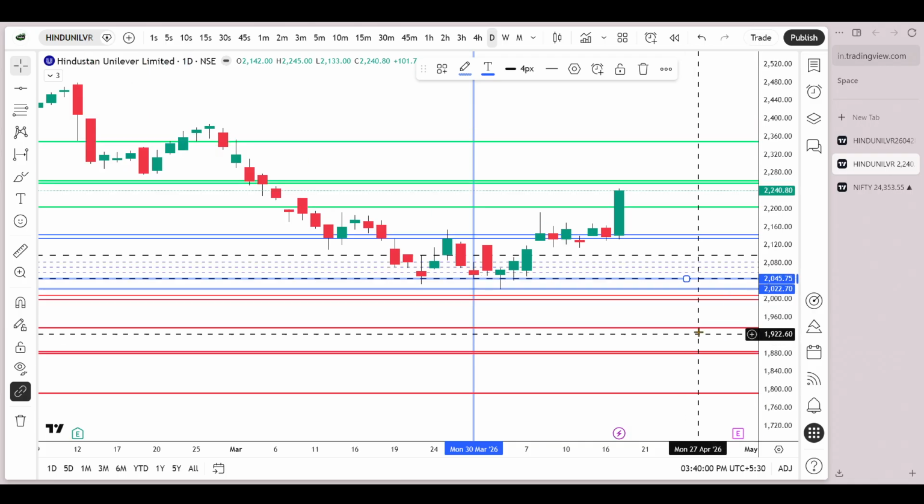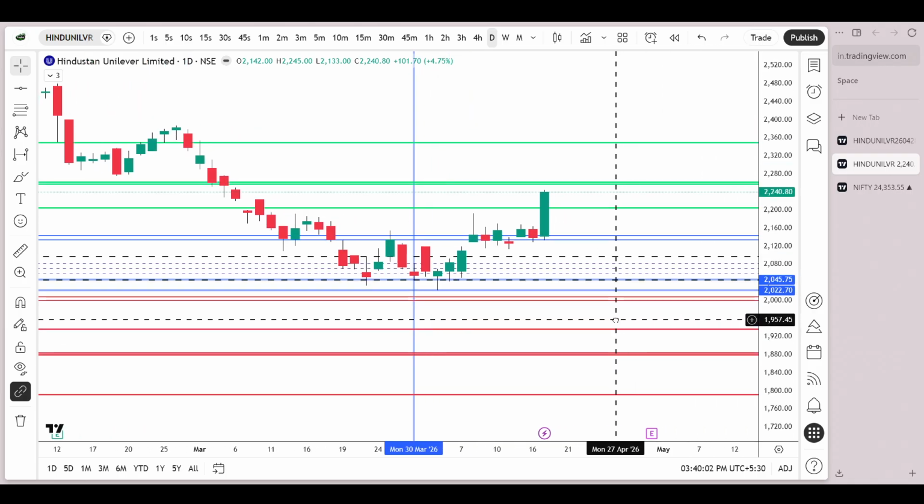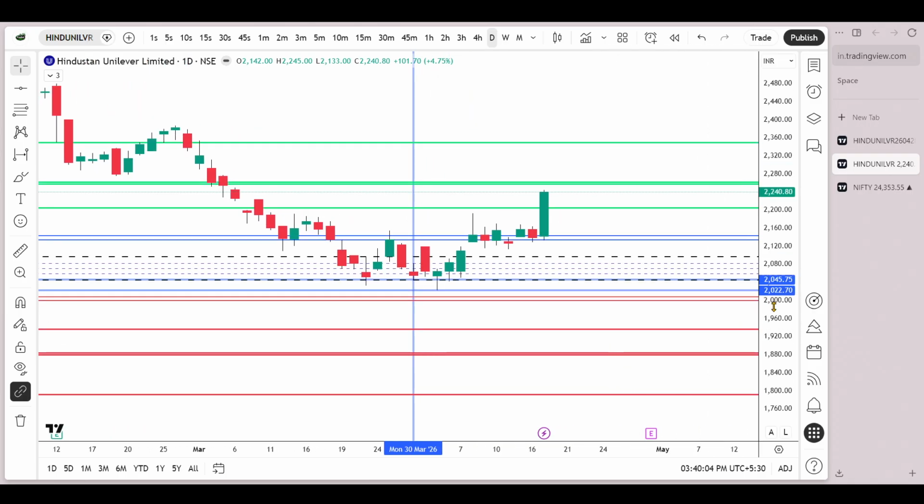Be patient whenever you're trying to trade. Whenever you're traveling, or whenever you have any other work, please avoid day trading. And you have to plan one day before. Whenever you go for stock options, plan one day before, so that tomorrow it's very easy to take entry, especially for stock options.